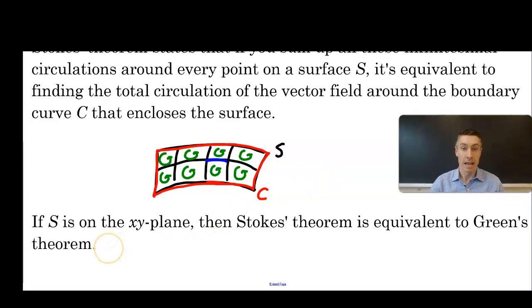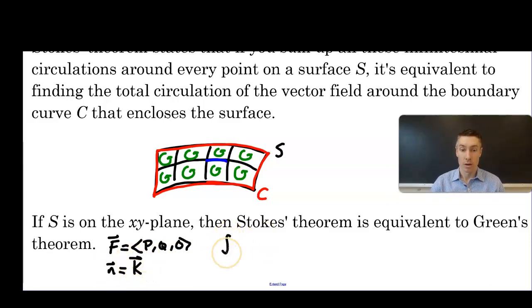Right? If we were to take a vector field in 2 space, so create a vector field, call it P, Q, and 0, that would keep us on the xy plane. The normal vector to any surface on the xy plane is going to be just k.